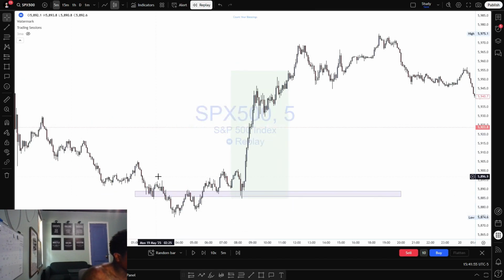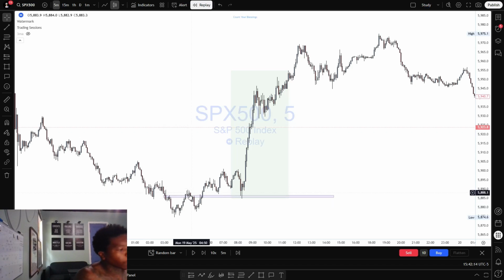So we got this diamond trend. Let me see here. Downtrend. You see it pretty much go above, but we can still say that's resistance.